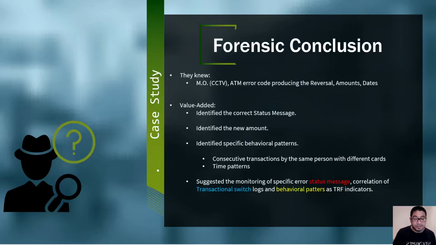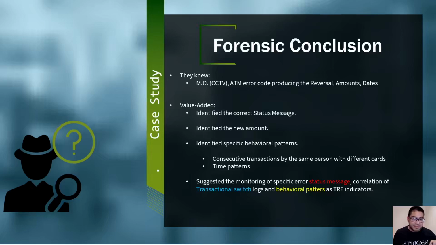Also, later than this, I found some behavioral patterns. For example, I saw that the person doing this transaction reversal fraud in these ATMs was using a card, and then swapping to another card, and he was using 4 cards. So I saw these consecutive transactions by the same person with different cards. How can I know that it was the same person?